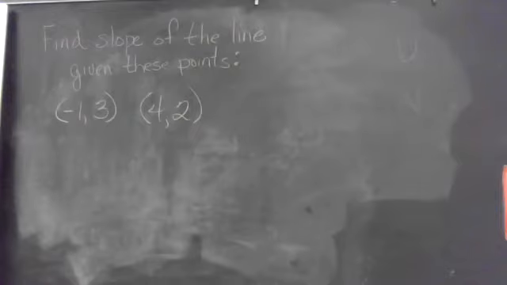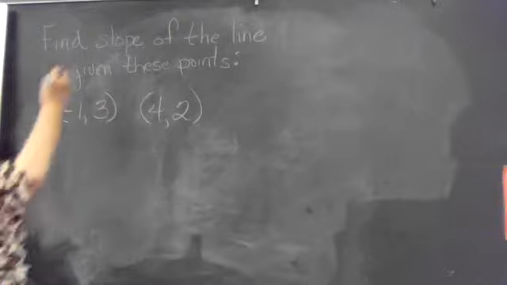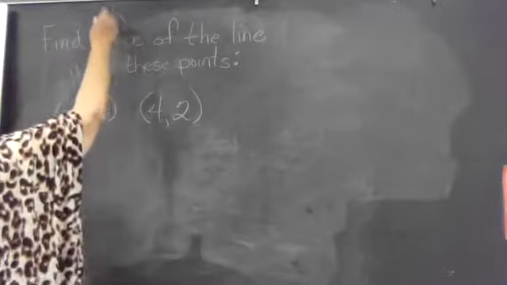Now, the slope formula, and I'm pretty sure it's on your formula chart. Yes, it is. Right under algebra, right here, it says slope of the line. Remember that m is what they use to indicate slope.